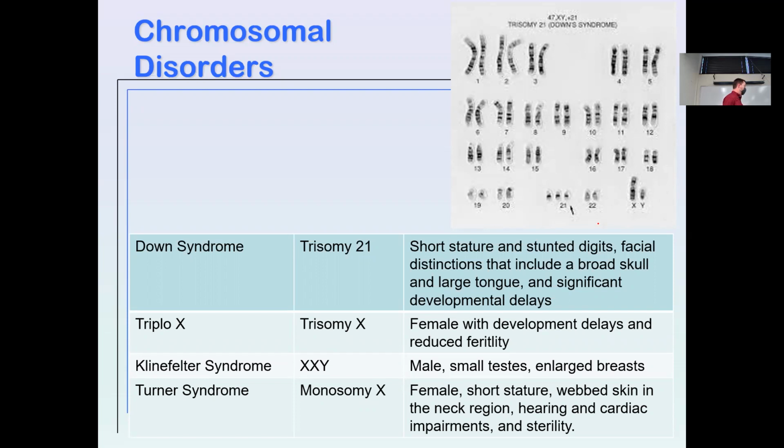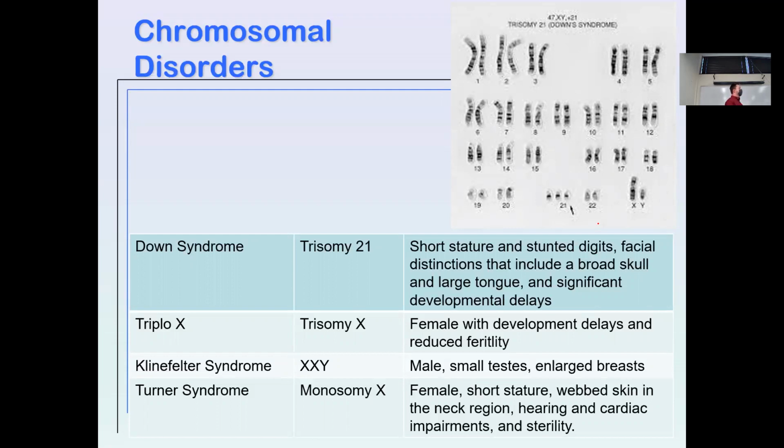Their genes are expressed differently because they have more or fewer genes than is normal. Okay? So triplo-X, which I didn't find a name for the disorder, is just simply triplo-X or trisomy X. Klinefelter syndrome is an individual that has a single Y chromosome and 2 X chromosomes.